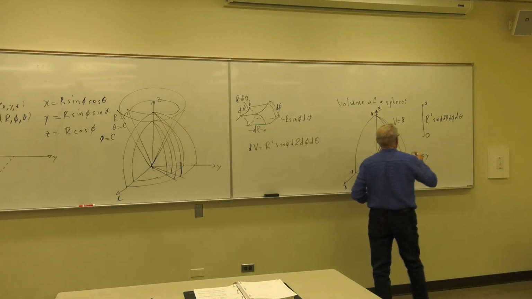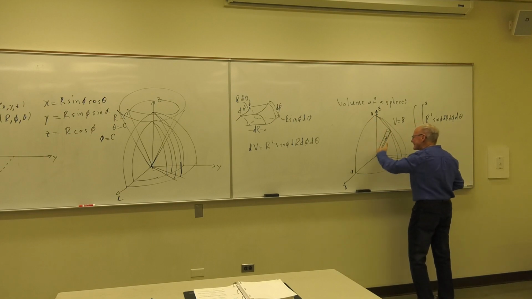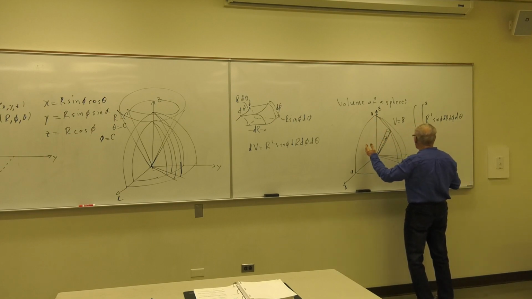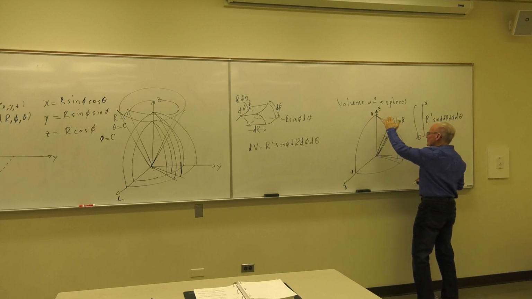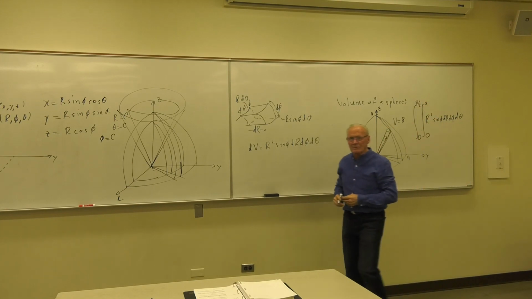All I have to do is put on limits. Where do all the slices that fill this volume start? On the z-axis when phi is 0. Where do they all stop? On the xy plane where phi is equal to pi over 2.